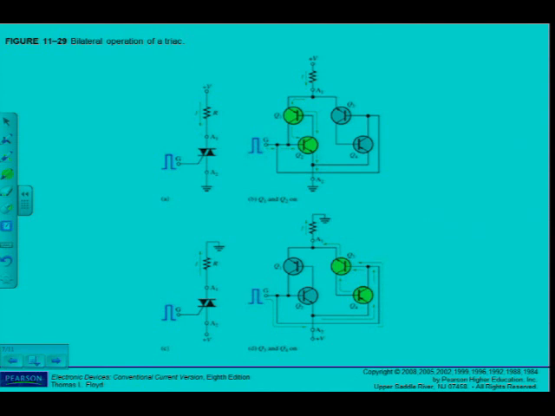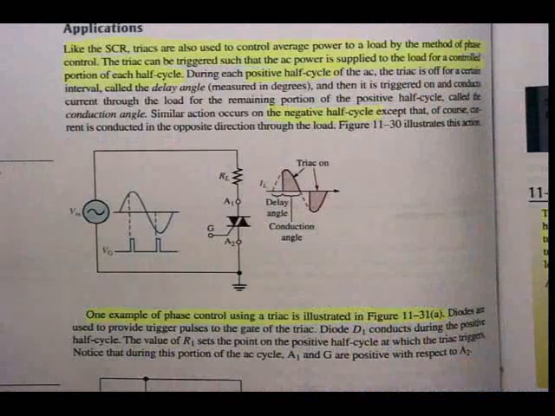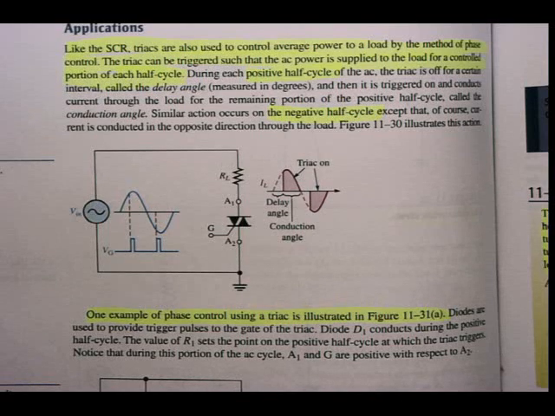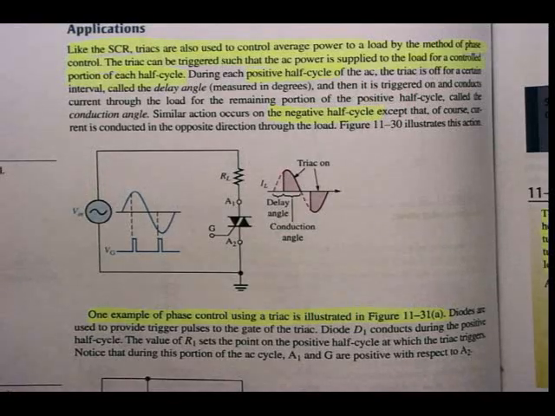All right, applications. On page 570, like the SCR, triacs are also used to control average power to a load by the method of phase control. The triac can be triggered such that the AC power is applied to the load for a controlled portion of each half cycle.